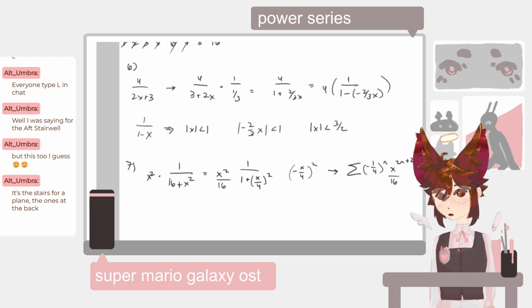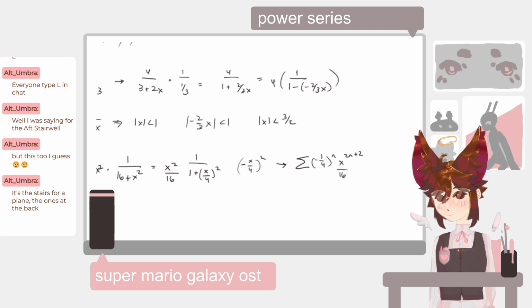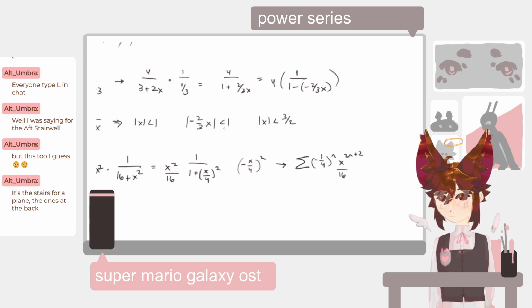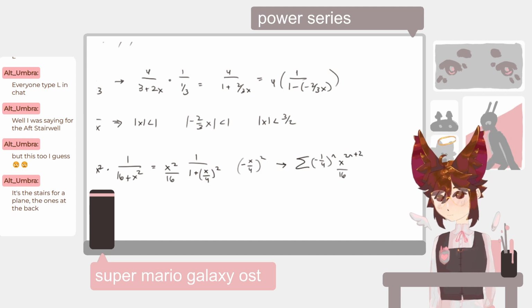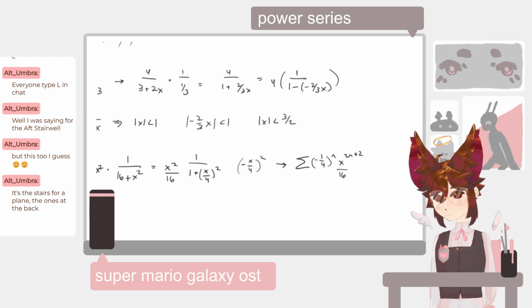This one says it's a negative 1 to the n. Okay, that's fair. x to the 4n plus 2. Where are we getting a 4n? x to the 4n plus 2 over 2 to the 4n plus 4.